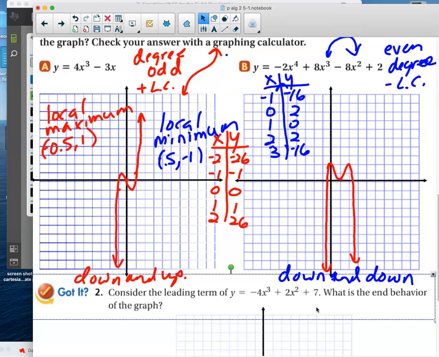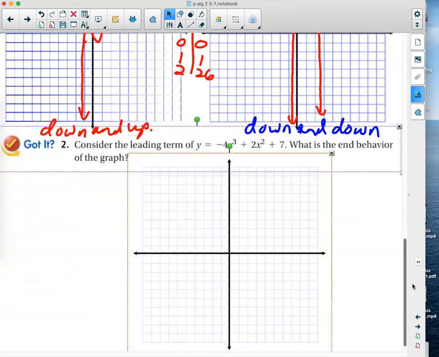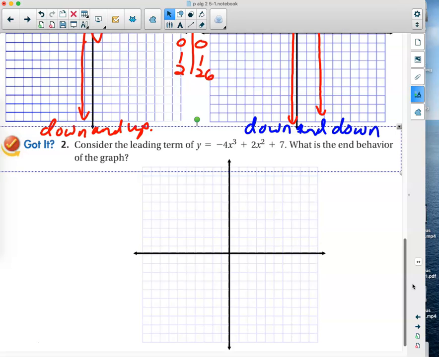So for this last one down here, for got it 2, it says consider the leading term of y equals negative 4x to the third plus 2x squared plus 7. What is the end behavior of the graph? I don't even want you to graph this.